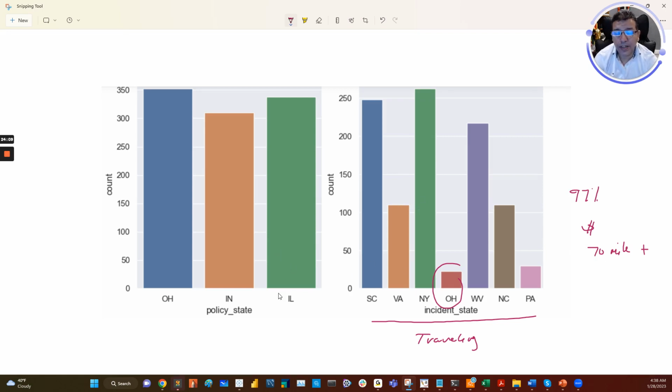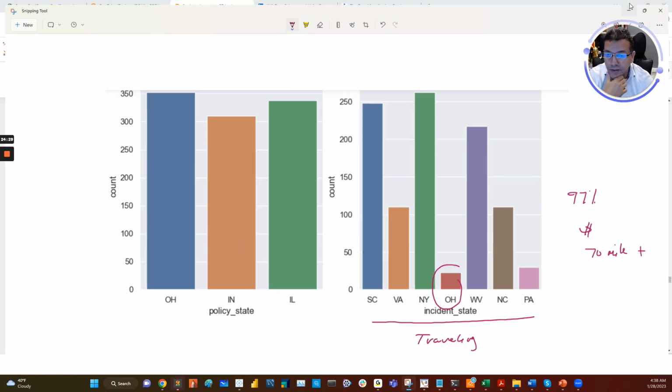But this is a beautiful insight that you could share with the business to generate more revenue, and also to decrease the amount of claims being reported outside of the insurance issued states.